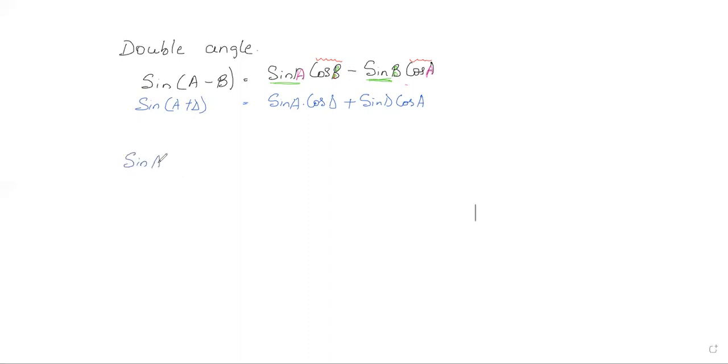Therefore, I'll have the sine of A plus A, when we say A and D are equal, I can also write A here, A there. This is the same as the sine of 2A. Now, this is called a double angle.